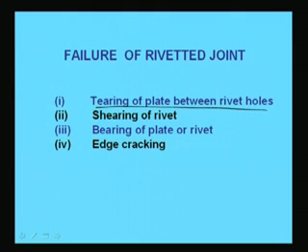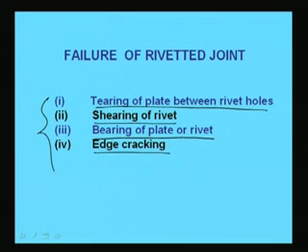This is one type of failure which happens. Another is shearing of rivet, failure due to shearing. Another is bearing of plate or rivet, another is edge cracking. So, what types of failures are we seeing? One is tearing of plate between rivet holes.